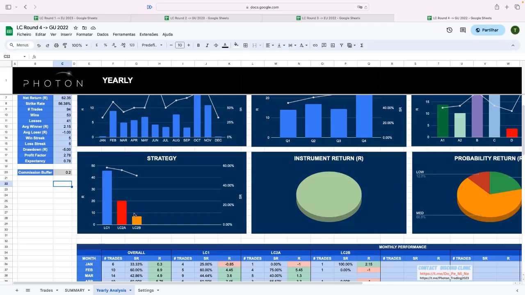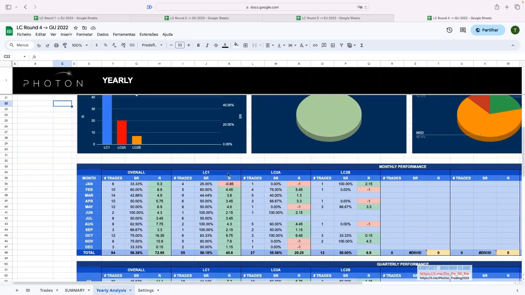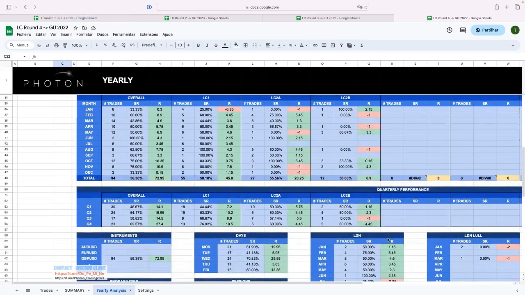If you like it for some reason, if you find it works like I did, just implement it, because for me it's still decent, even though it's the worst one. It's still profitable, right? And the strike rate is above 50%, so I'm happy with that. You can see here, 50% strike rate. Yes, it's not great for GU this year, but it's up to you if you want to add it or not. It's not a big deal.